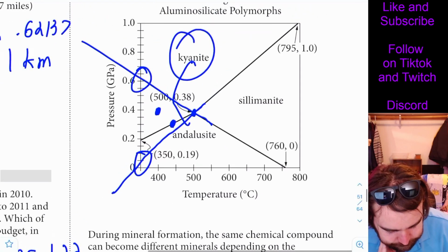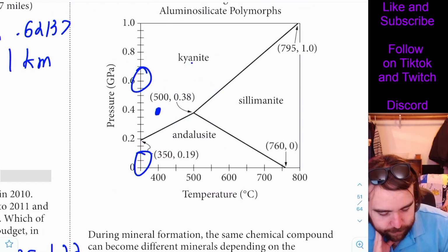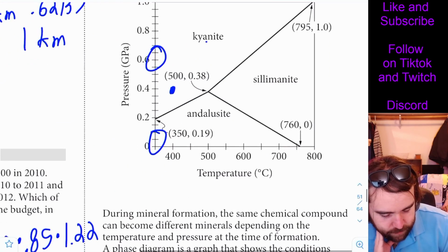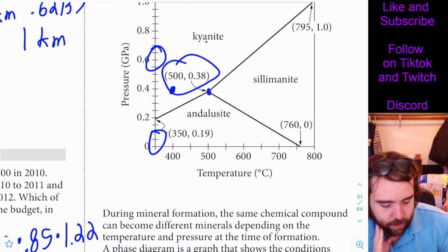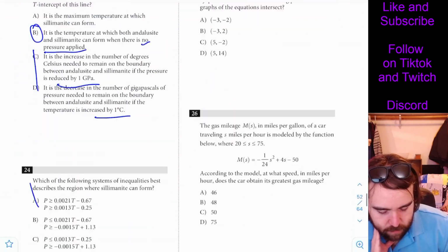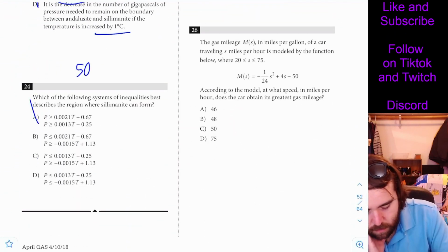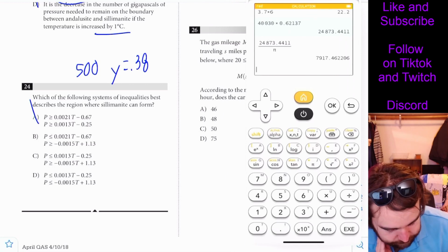Oh, you know what? They give us perfect values. So that's what we need. We need to say that for both of these equations, they should intersect right there. So we're going to plug in x equals 500, y equals 0.38, and that point needs to work for both of the equations here.